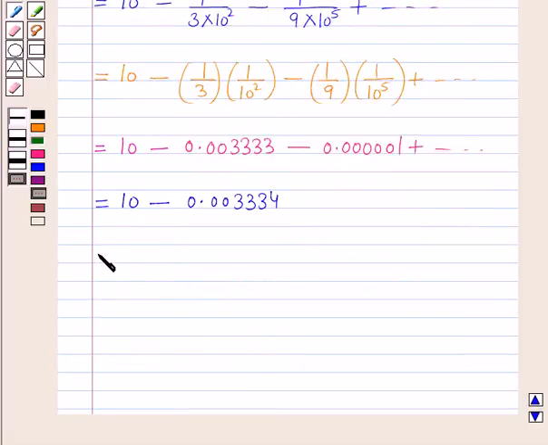On subtracting, this will be equal to 9.996666, and on rounding off, it will be 9.9967, correct to 4 decimal places.